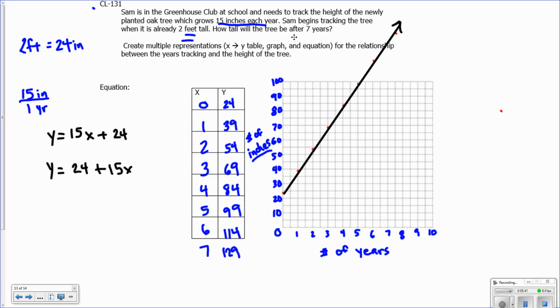So to answer the question, how tall will the tree be after 7 years? After 7 years, whether you're up here looking at the graph or you're looking at the table here, or you take it and you plug it in to your equation to get your answer, which would be just simply taking 15 times 7 and adding 24. That should be 105 plus 24.